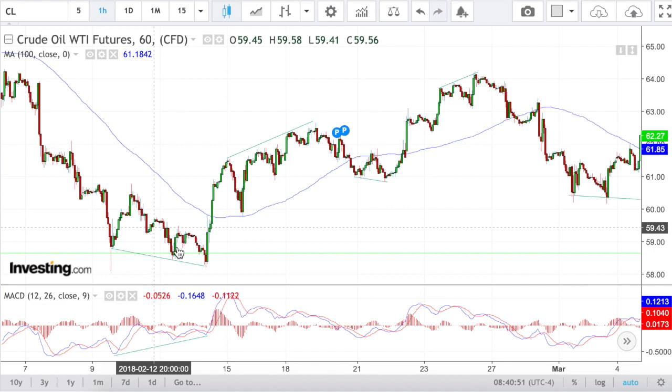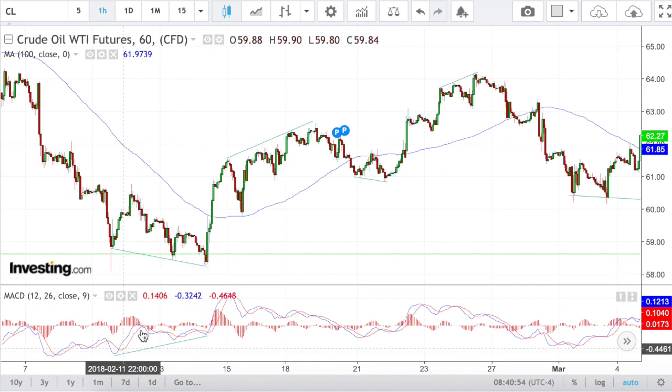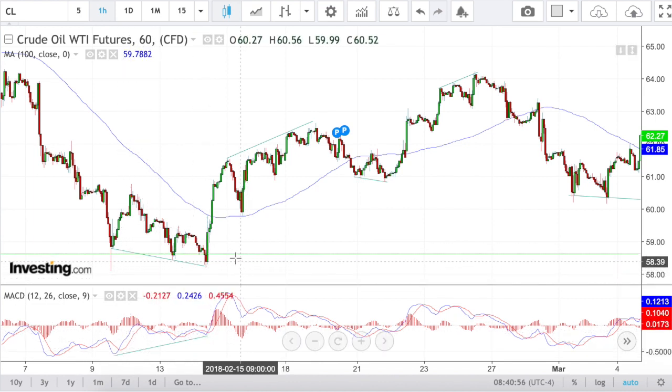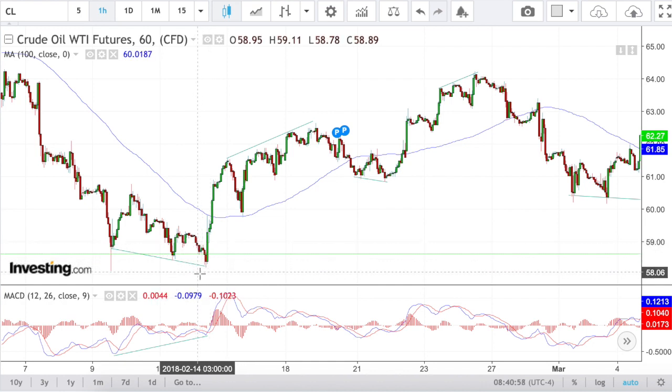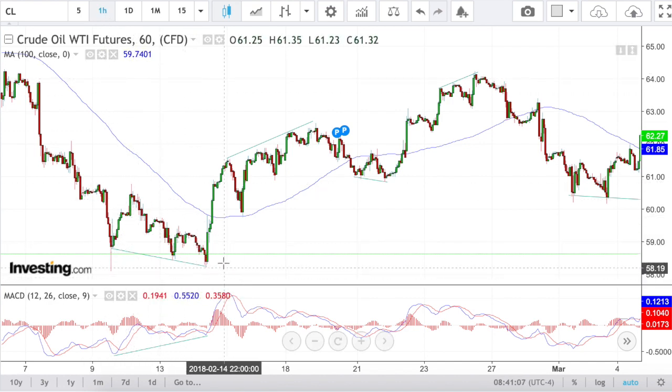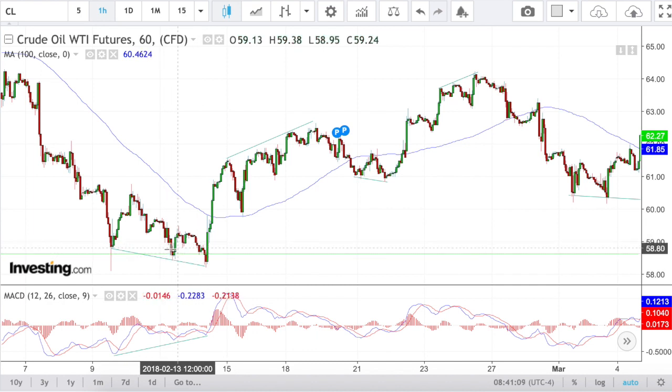It's basically when price makes lower lows and the MACD makes higher lows, and that is when you can start to make a trading entry. And when you see this on the hourly chart, you'll quickly enter a position here at the first divergence.